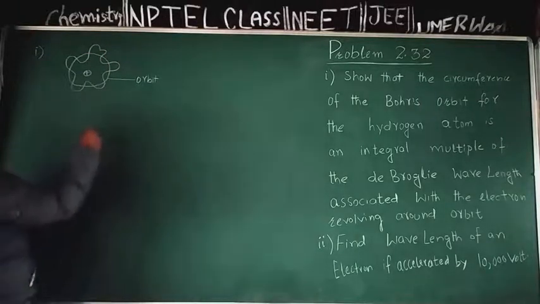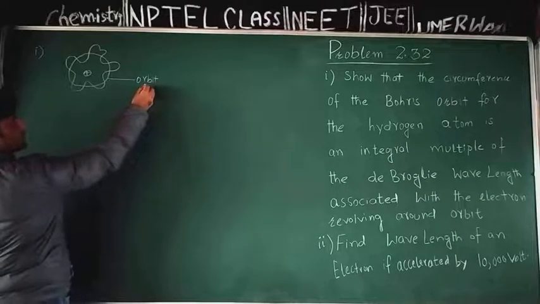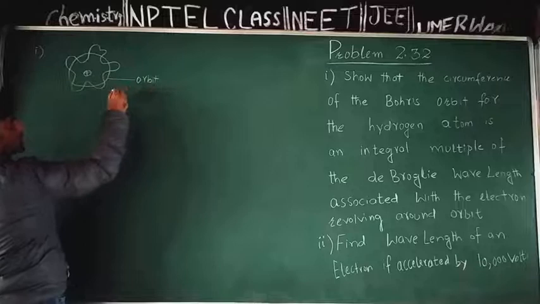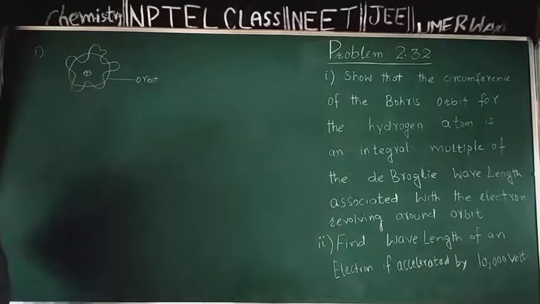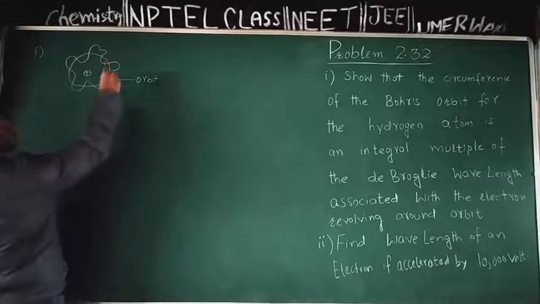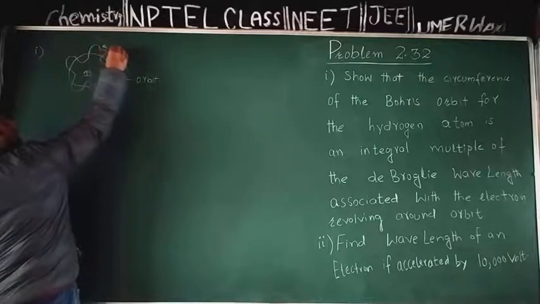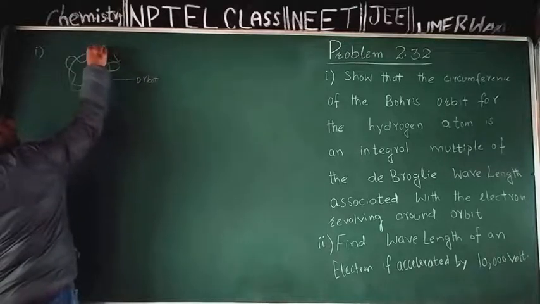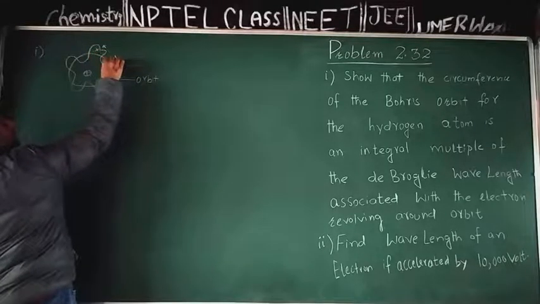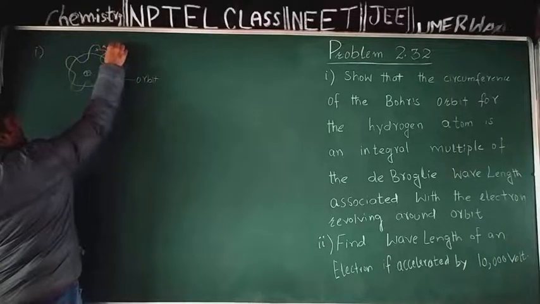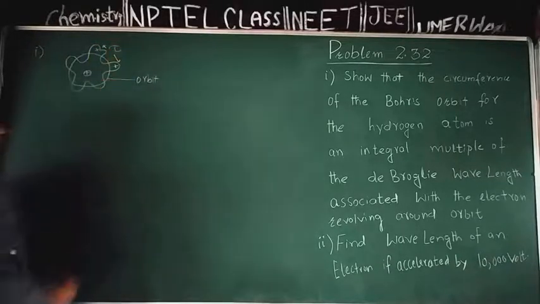Now we have to show that circumference of Bohr's orbit is integral multiple of wavelength of electron wave. This is crest, this is crest. These are two consecutive crests, and distance between two consecutive crests is called a wavelength.